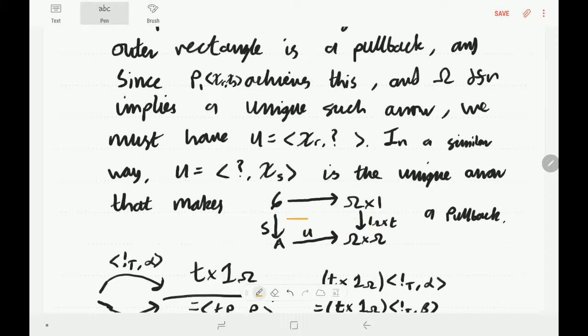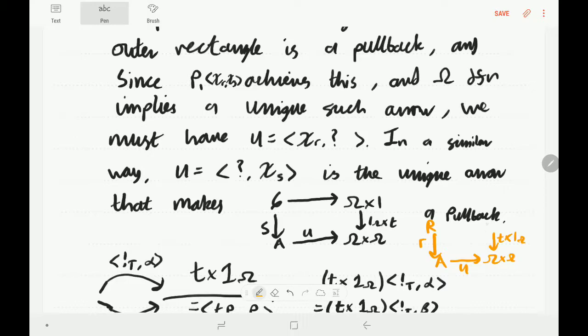There's a unique arrow U that makes this square commute and also makes this a pullback, excuse me, on the left, and also it makes this a pullback, which is the same thing with the other one of the generic pair of subobjects.